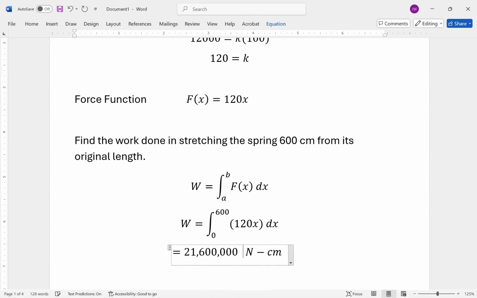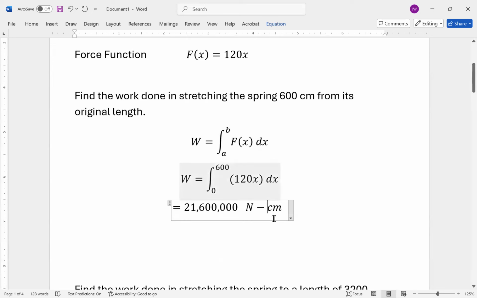If you want to convert that to Newton meters, you can. Just take into account that there are 100 centimeters in every meter. So you could just multiply times 1 over 100, and then you'd convert that to Newton meters or joules. I don't ask people to do that. I just leave it as is.